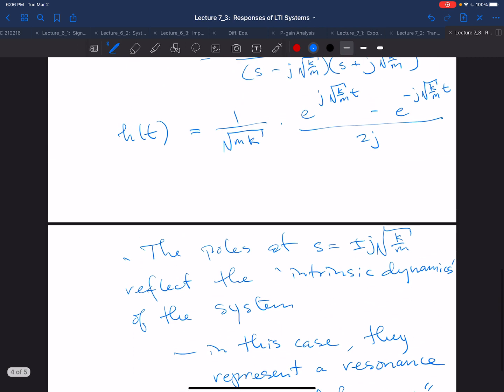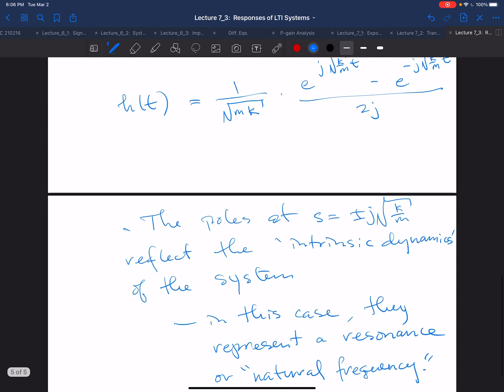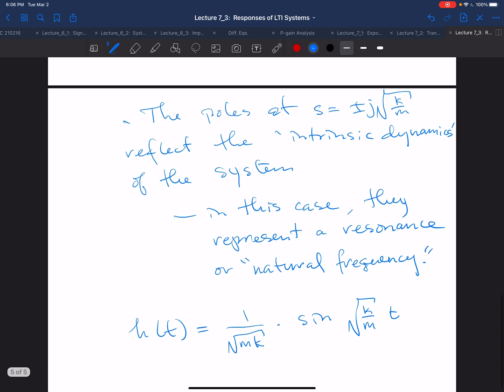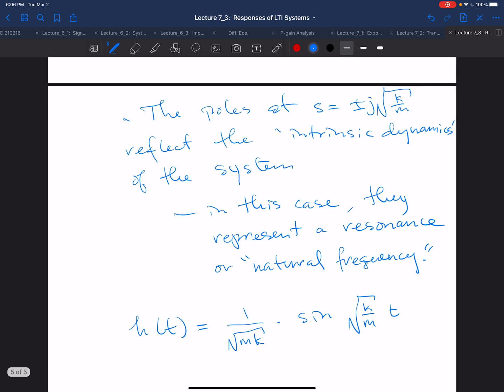So the imaginary part of the poles is plus or minus the square root of k over m, and that imaginary part of the poles, in fact, gives us the angular frequency of the oscillations. And we'll see that this is generally the case. If you have complex poles, then their imaginary part typically represents the angular frequency of some oscillation that you observe in the response of the system.